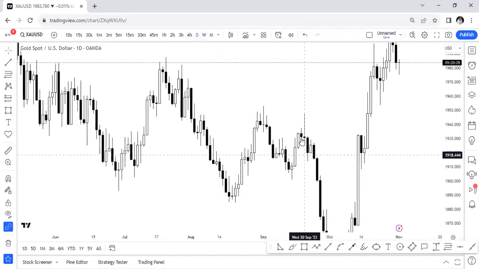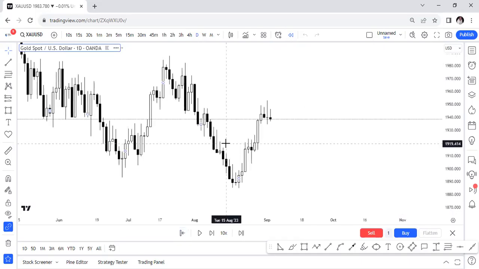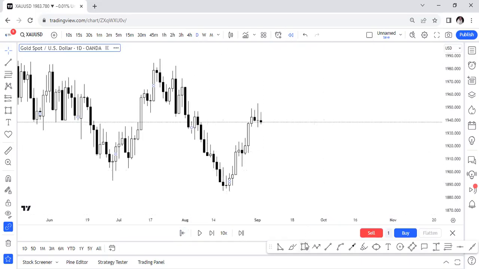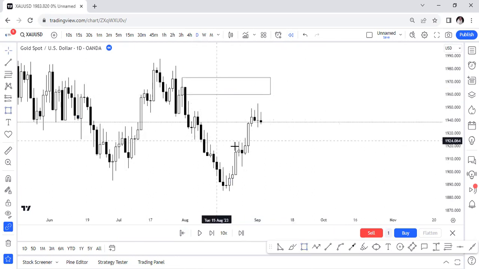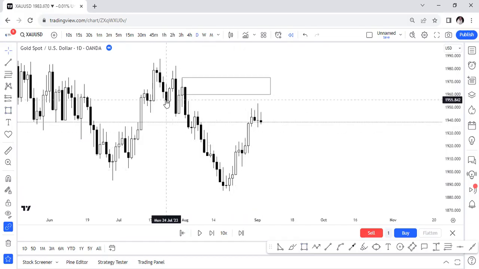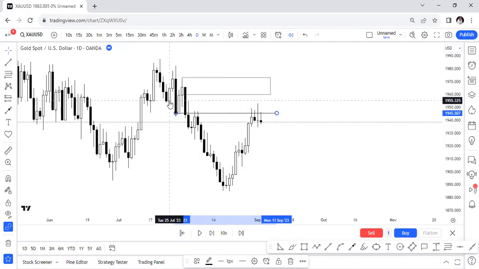You can imagine this place has a zone here. See this zone? This is the zone. And this thing comes below it. You can see our SNR level.